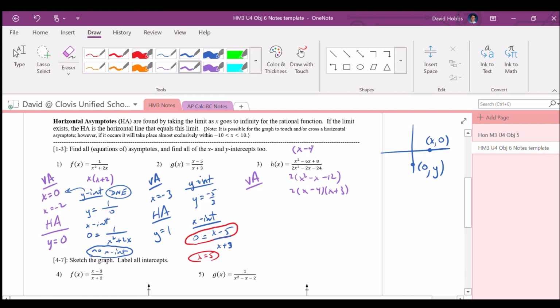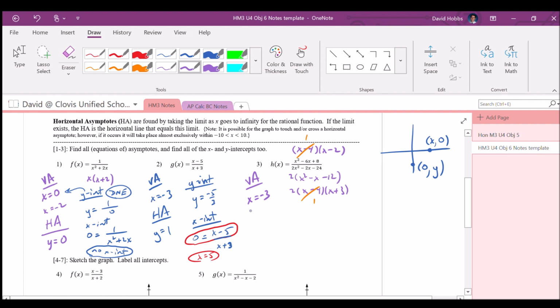So x minus 4, x minus 2. And so I'm noticing that the x minus 4s reduce. So when they reduce like that, it is not a vertical asymptote. It's not a 0 that's still in the denominator. So the only 0 that we still have in the denominator is negative 3. So the only vertical asymptote we have is x equals negative 3.